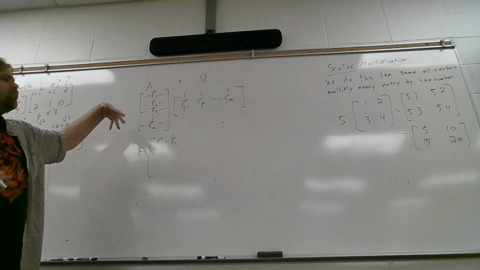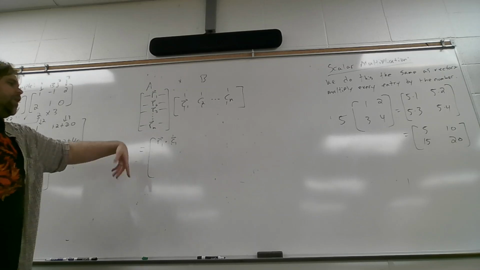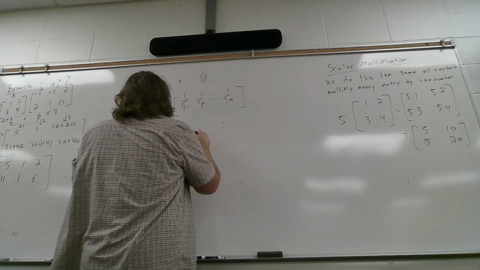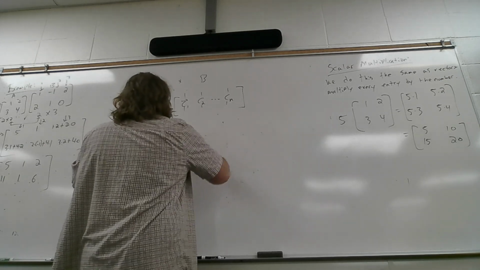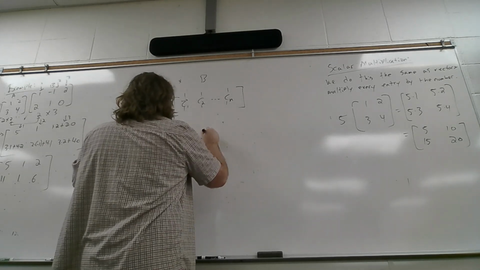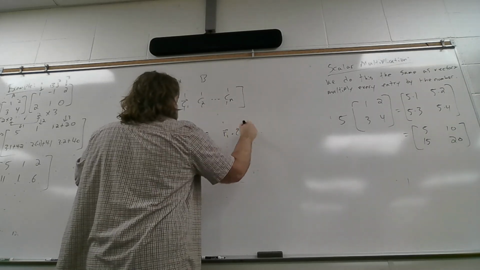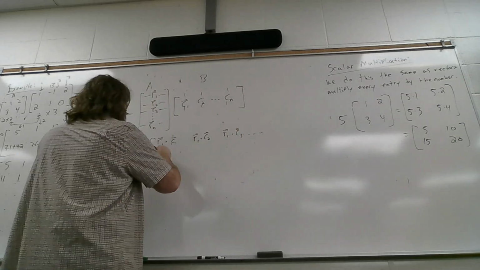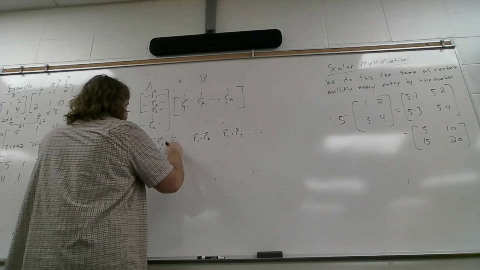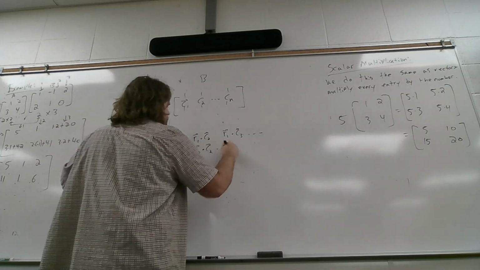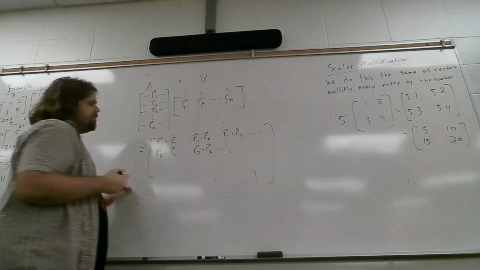You could say, okay, well, I wrote row 1, and I know column 1, so I do the dot product on the side. And then you can just rinse and repeat, right? This is row 1 dot with column 2, row 1 dot with column 3, and you just keep going. Row 2 dot with column 1, row 2 dot with column 2, and so on. You just fill out that matrix.